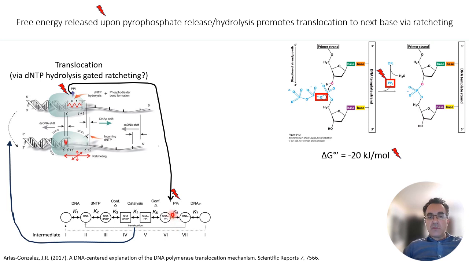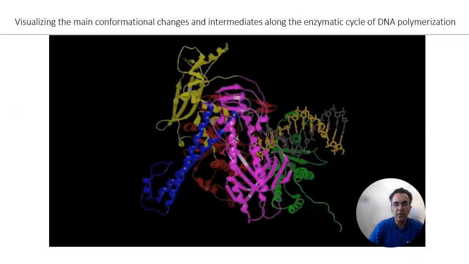And this last step is also going to be facilitated by the energy that is going to be released as a result of the pyrophosphate leaving group exiting the enzyme's active site and ultimately being cleaved into two inorganic phosphates, which gives us the energy from that phosphoanhydride bond. So the energy that's released is essentially going to drive the physical translocation of the enzyme along its track. And it's thought that this occurs via a ratcheting mechanism.